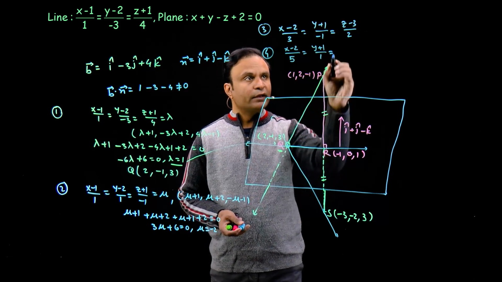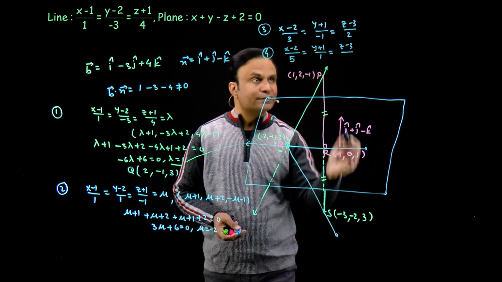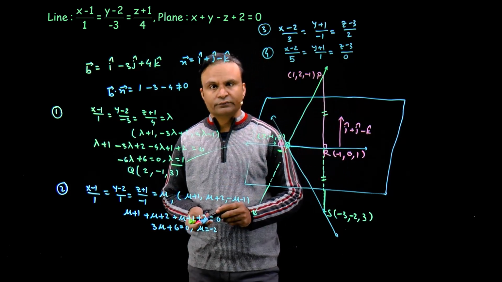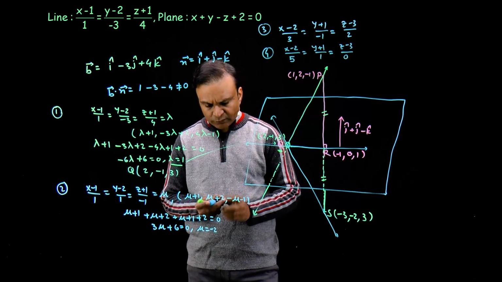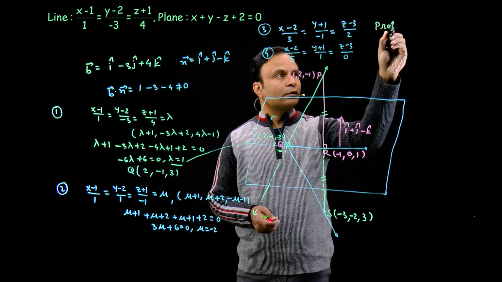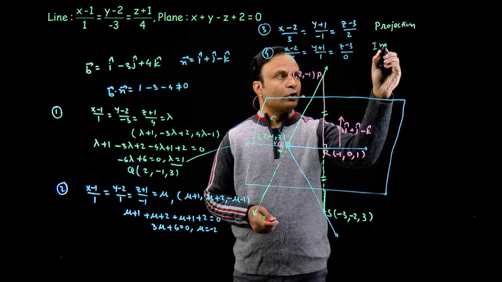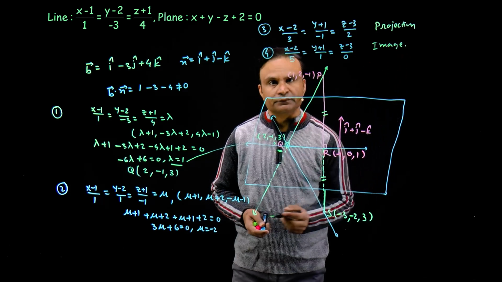So here we have 1, and z minus 3 upon 3 minus 3, that is 0. So we have now equation of projection and equation of image.